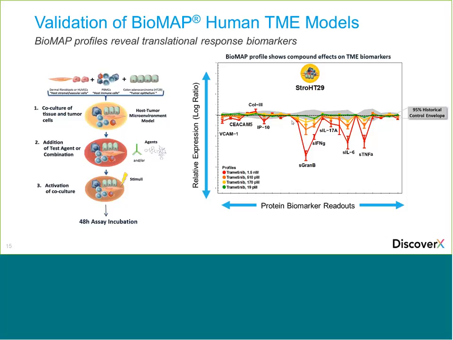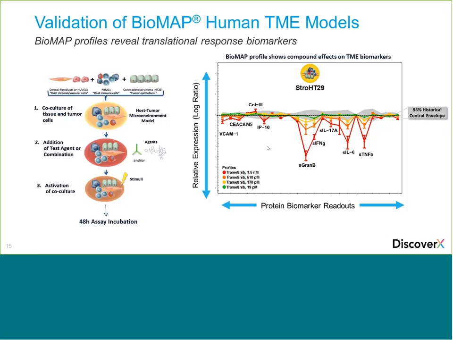So it allows you to see how your drug affects any particular biomarker in comparison to all of the historical controls that have been run, or another way to put it, in comparison to all of the historical noise of that biomarker activity using this profile. Here, just as an example, we've shown GSK's MEK inhibitor trametinib profiled in this system.